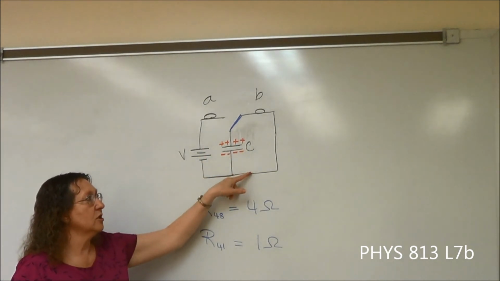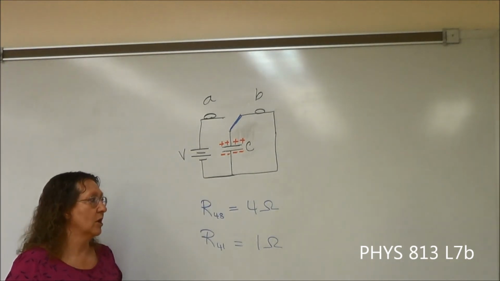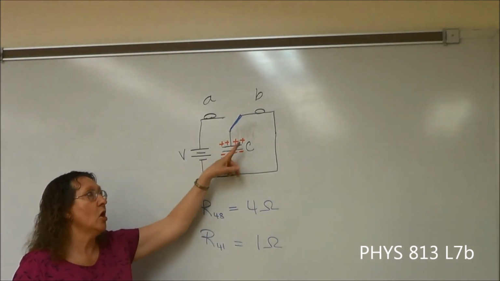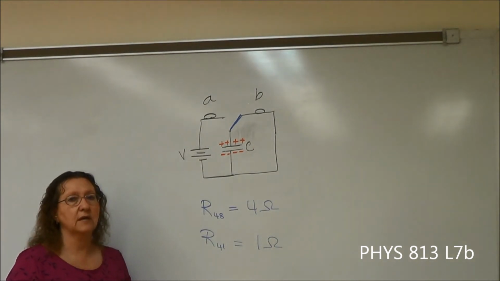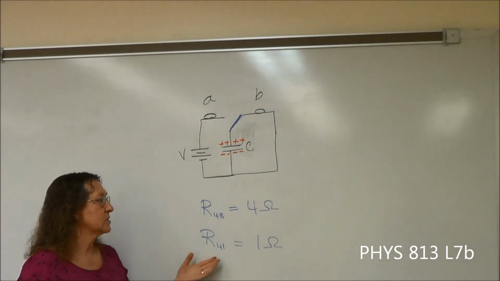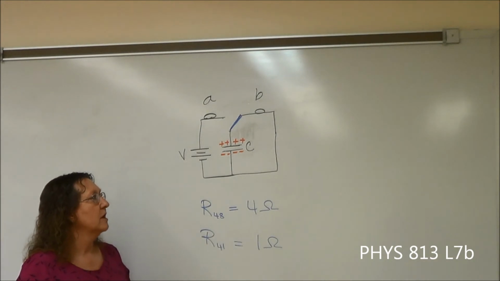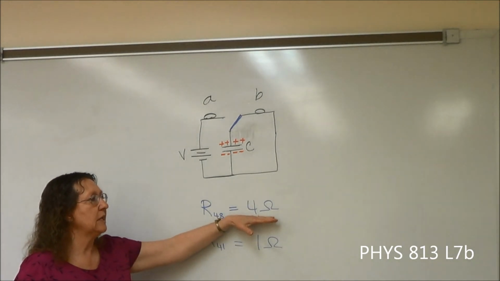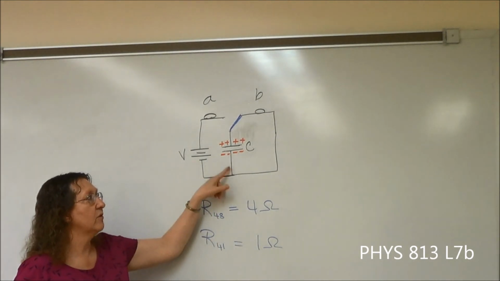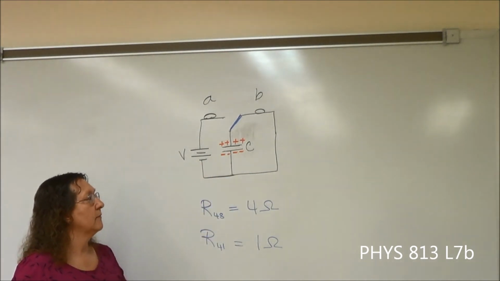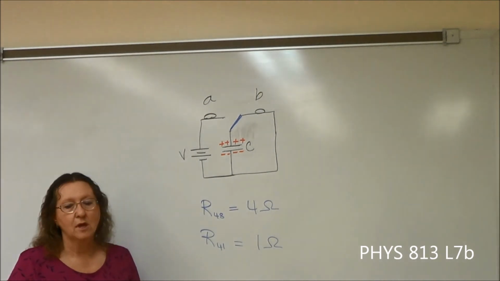Now, if the charges are moving slower, then for them all to get back around to the other plate, it's obviously going to take a longer time. So that's why the 48 bulb was initially not quite as bright and why it took a lot longer for the charge to get back around and for the capacitor to discharge.